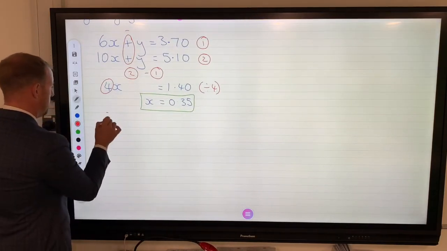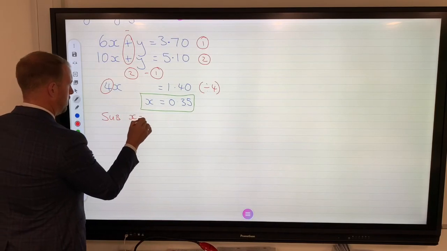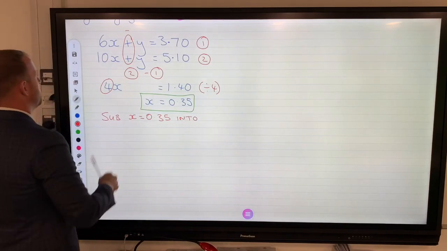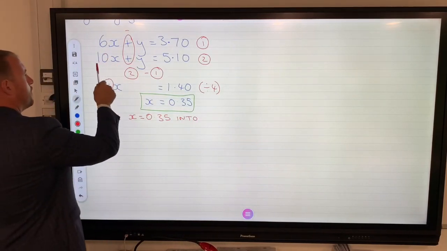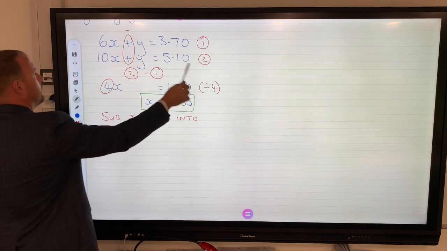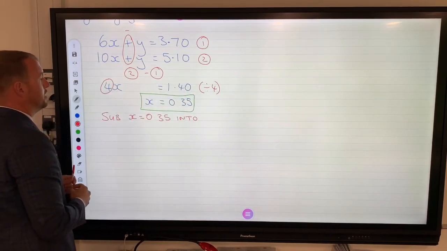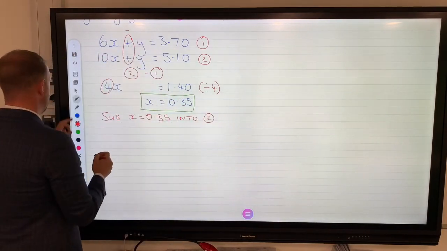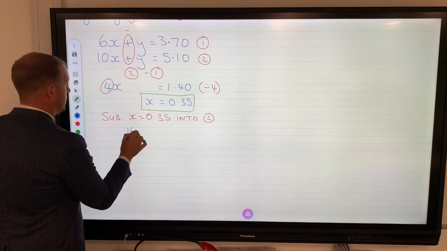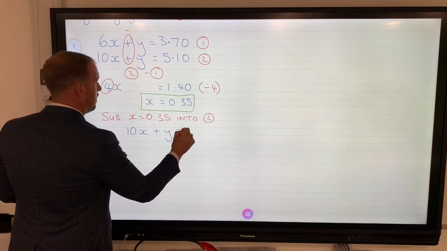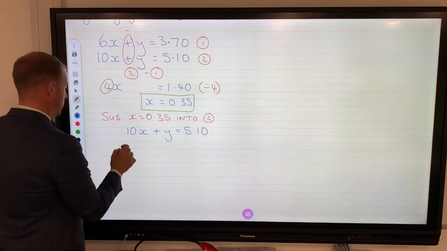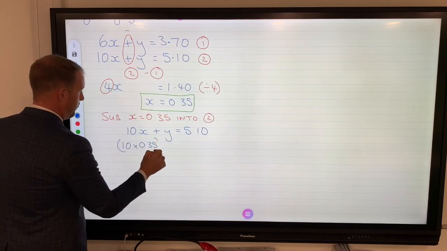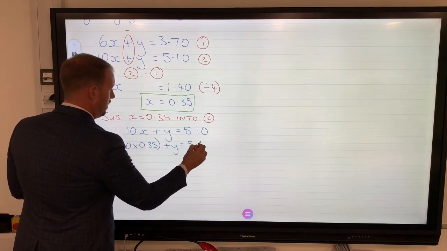So let's sub x equals 0.35 into one of these. Now I've got 6x, we've got 10x. I'm going to go for equation 2 this time. The simple fact of 10 times 35p is a lot easier to do. They're both positive, so it doesn't make a difference. So my equation 2 is 10x plus y equals £5.10. So I've got 10 times 0.35 plus y equals £5.10.